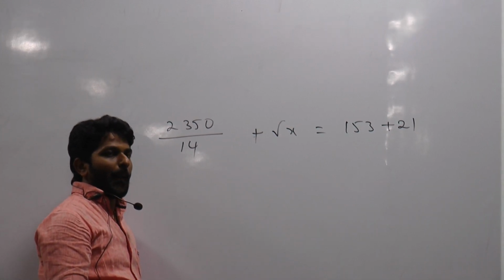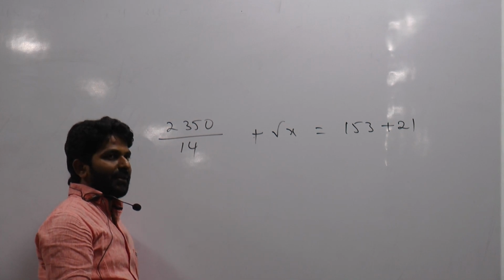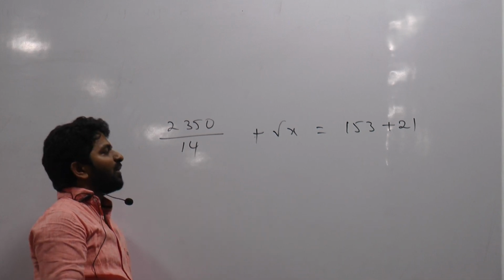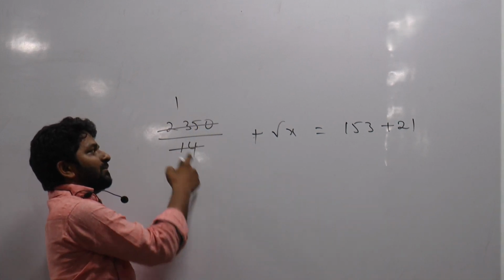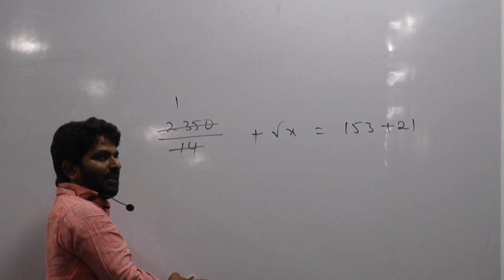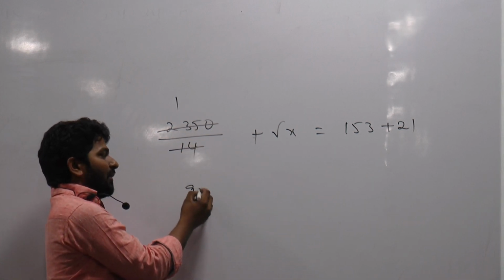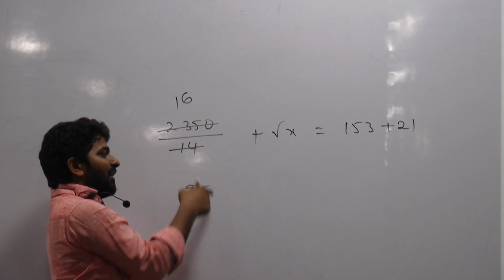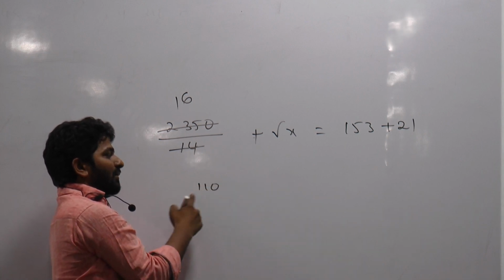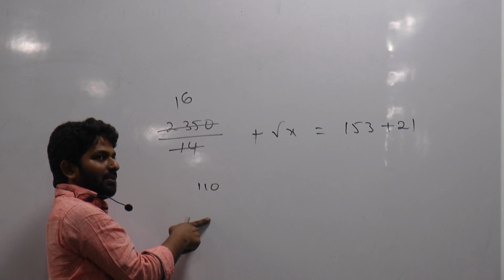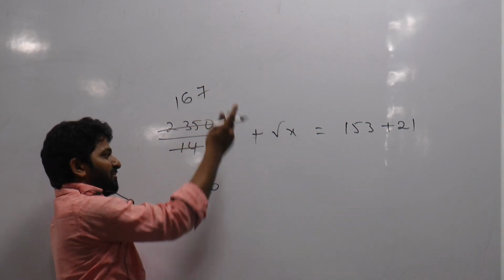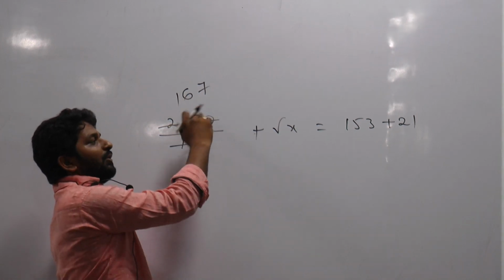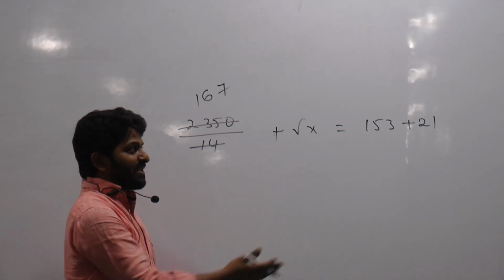280, 80, 45, 14 3 times is 42. Okay. 14 once is 14, still you have 95. How many times? 6 times is 84, 110. Whatever the last digit is, 6 or 7 or 8, it doesn't matter. Take this value to the right hand side, minus 167.